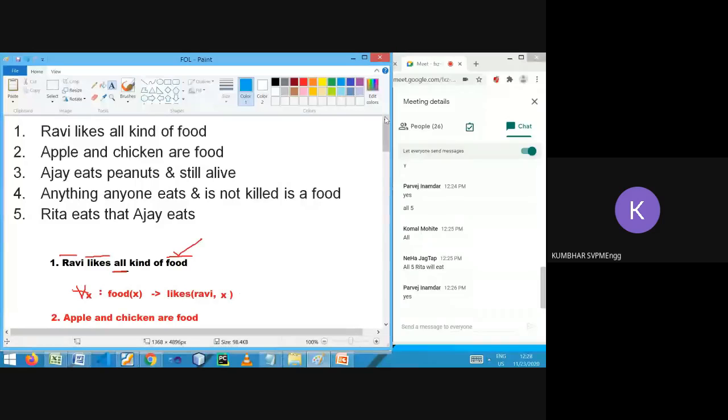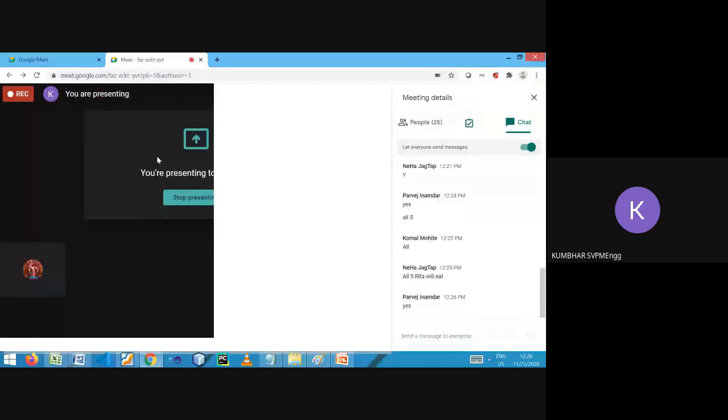Resolution means that by giving some facts, using these facts can we prove something. For proving that we are going to learn in the next session, resolutions using FOL.